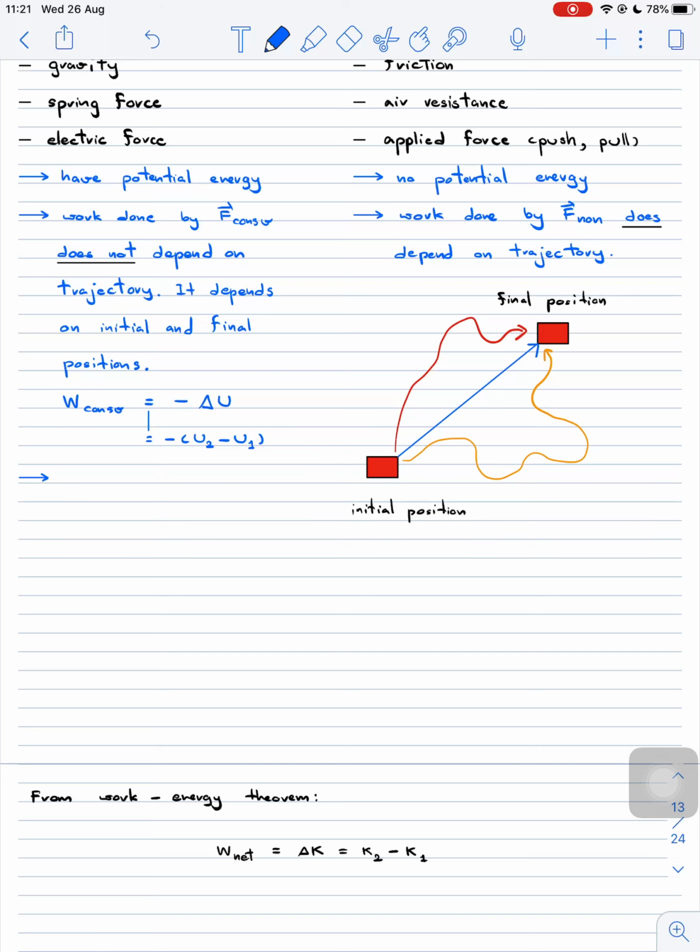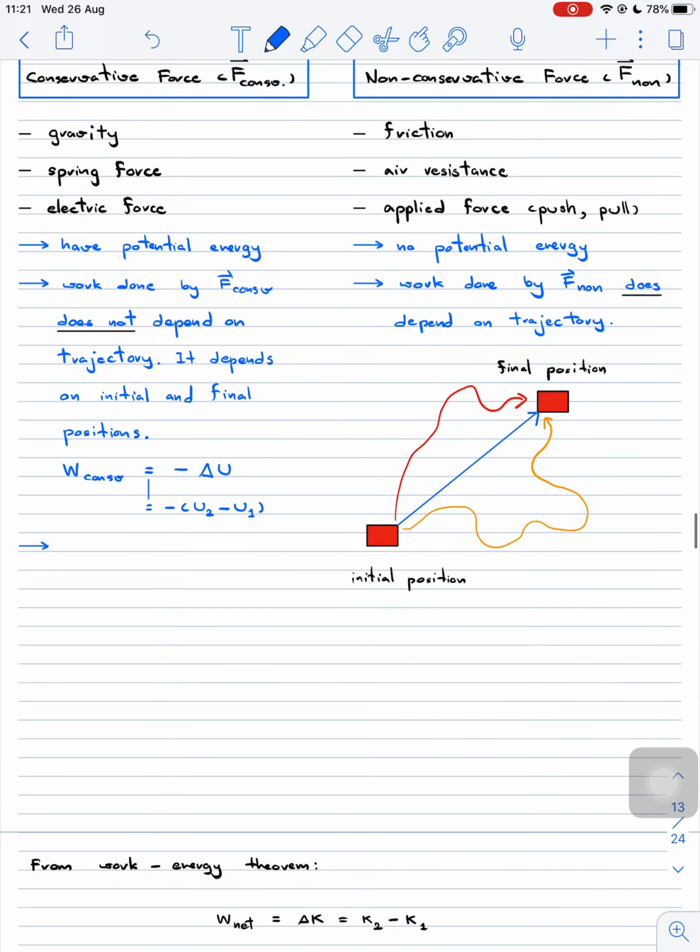So if you lose potential energy, the potential energy that you lose will go to the kinetic energy. But if you gain potential energy, the kinetic energy of the object will be lost. So now you can see that we have the transfer between the potential energy and the kinetic energy.